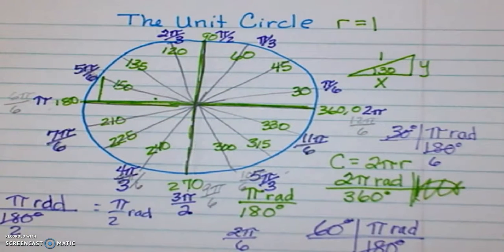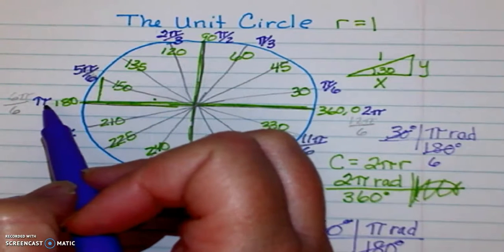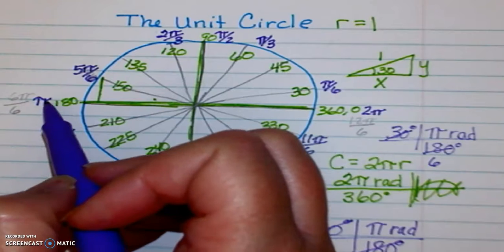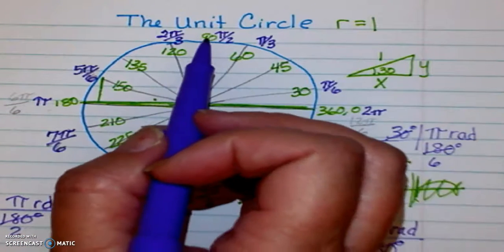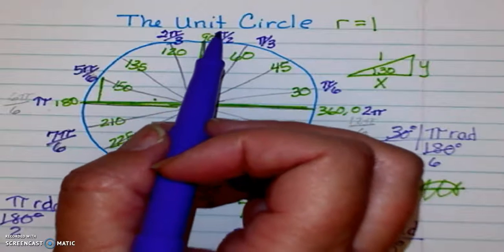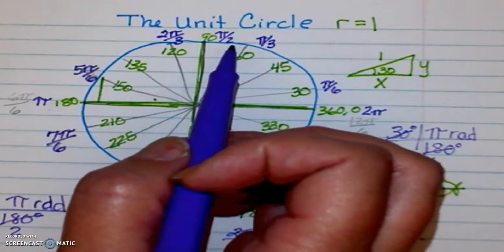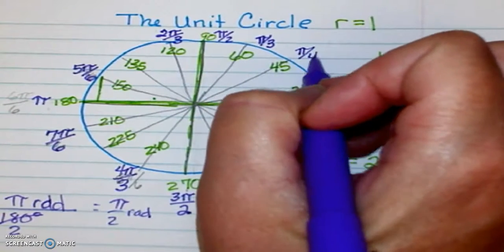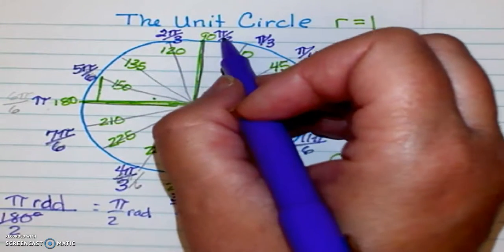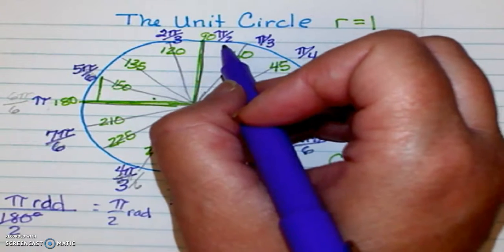Now on top of that, we have the 45 degrees. If pi is 180 degrees, 45 is a fourth of that. Or it's half of 90 degrees, and 90 degrees is 1/2 pi, and half of that is 1/4. So this would be pi over 4. This would be 2 pi over 4, and 2 over 4 reduces down to 1/2.